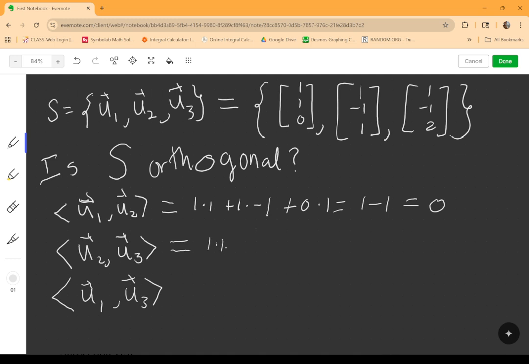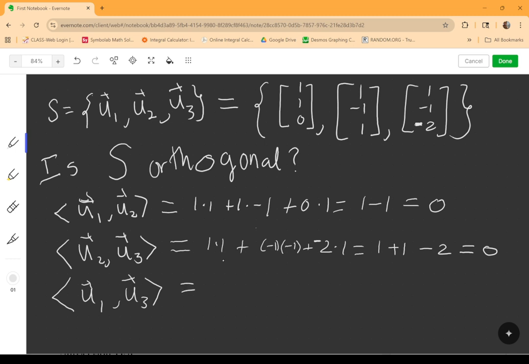So for u2, u3 we get 1 times 1 plus negative 1 times negative 1 plus 1 times negative 2. So we get 1 plus 1 minus 2, which gives me 0.